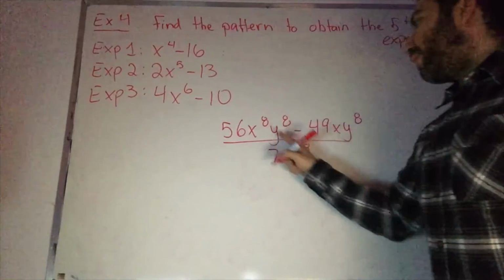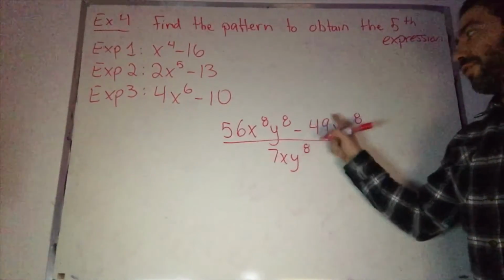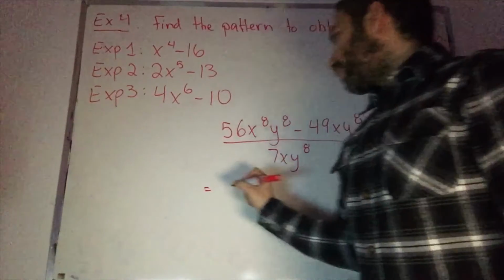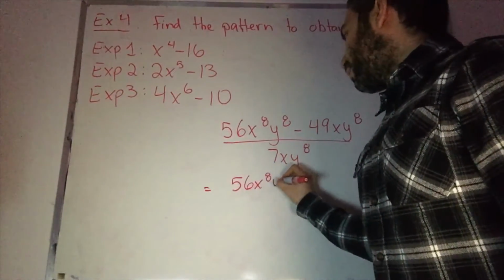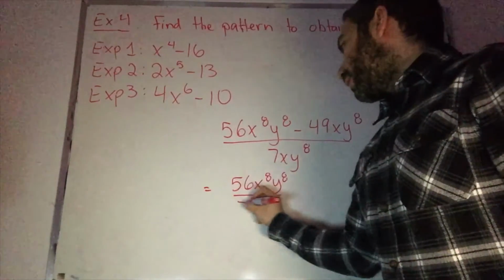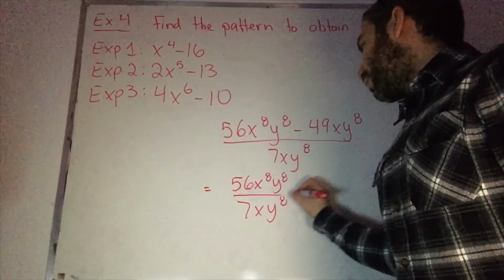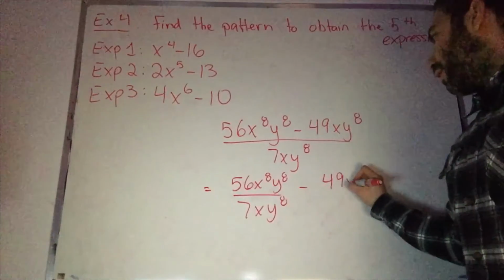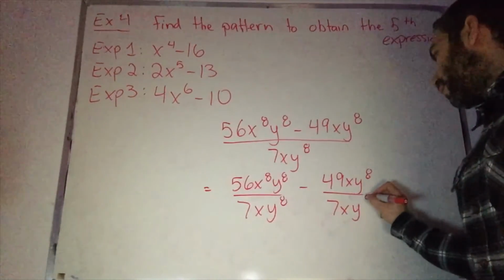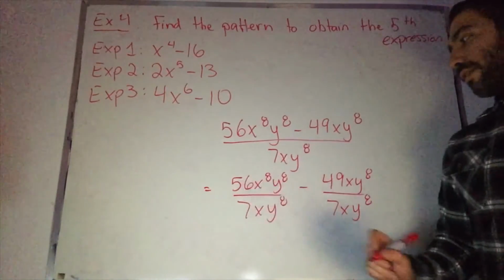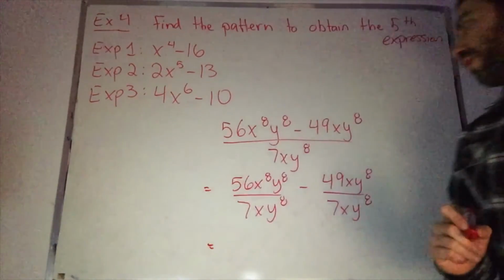Okay, so we're dividing monomials, so remember we have to divide each term individually. So think of it as 56x to the 8 y to the 8 divided by 7x y to the 8 minus 49x y to the 8 divided by 7x y to the 8. Okay, so 56 divided by 7, we get 8.